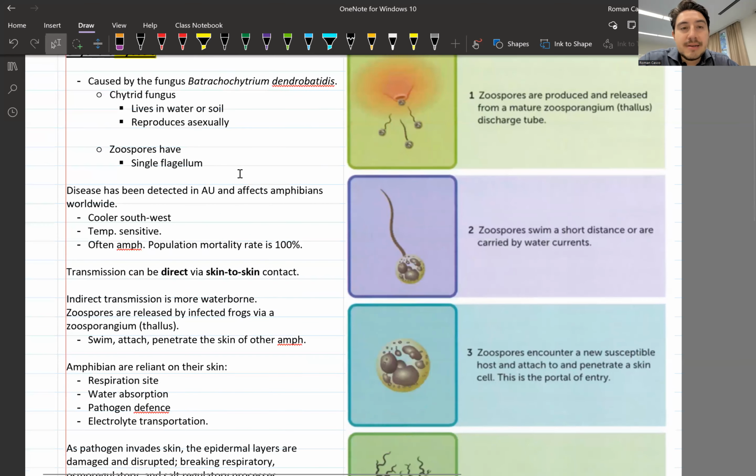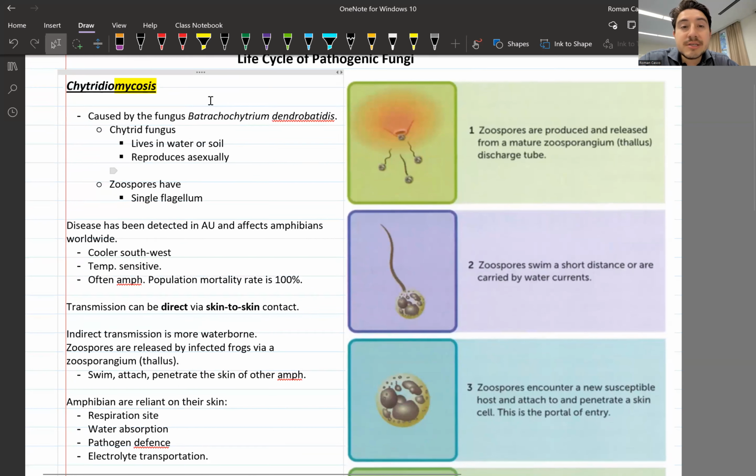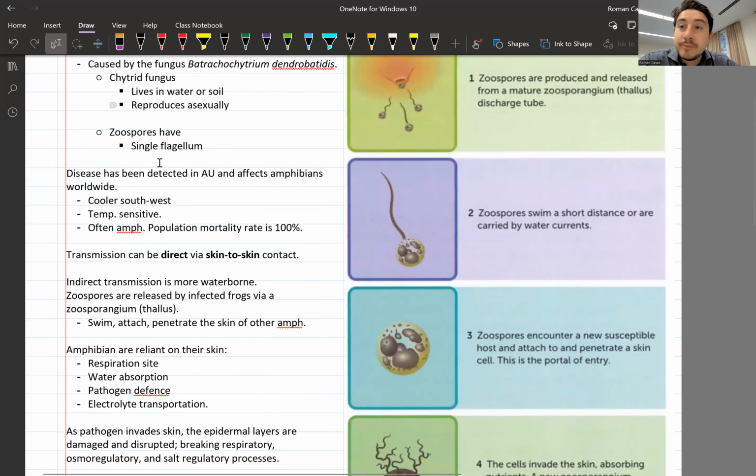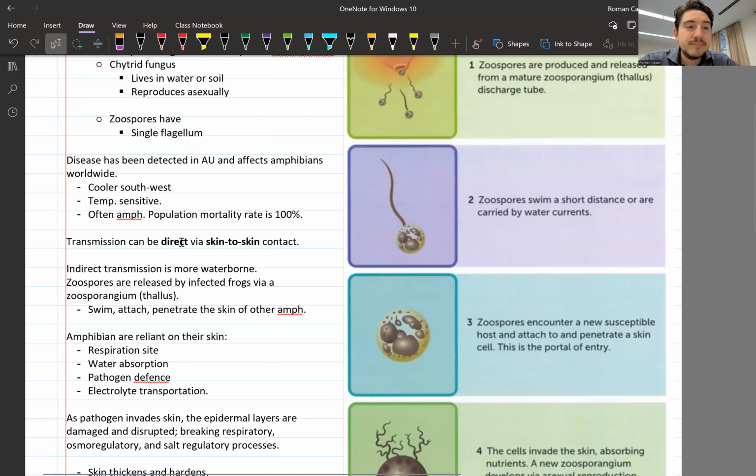And in particular, this fungal disease, whom does it affect more? Whom is the primary host? It's essentially amphibians, right? And it has been detected in Australia. It has been found worldwide.